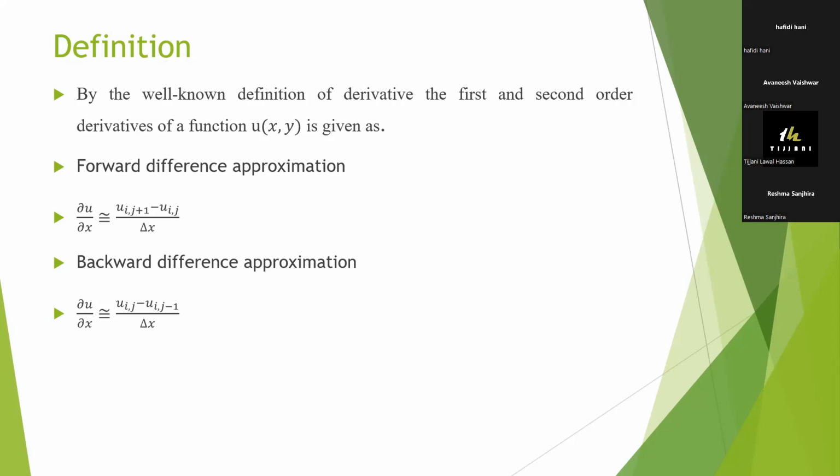Since we are using second order and first order derivatives, mainly second order derivatives, by the well-known definition of derivative, the first and second order derivatives of a function u(x,y) are given as follows. The forward difference approximation is ∂u/∂x = (u(i,j+1) − u(i,j))/Δx. This is the forward difference because we are taking u(i,j+1) here and u(i,j) here.